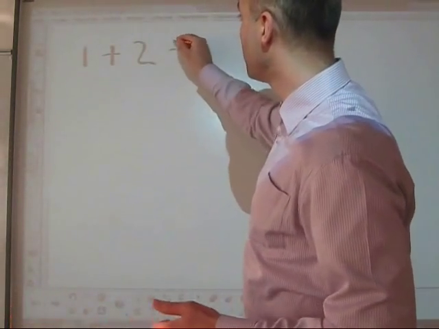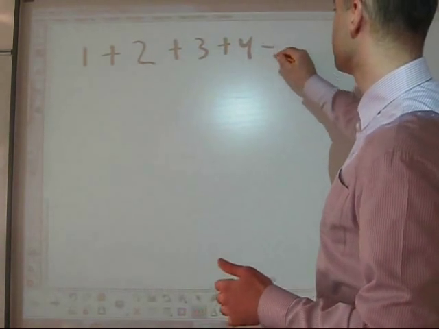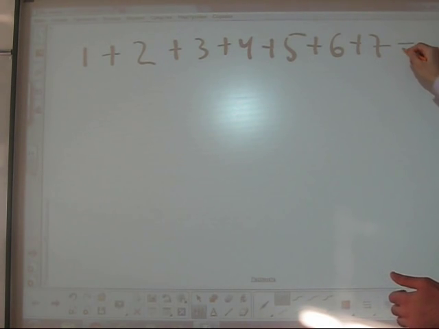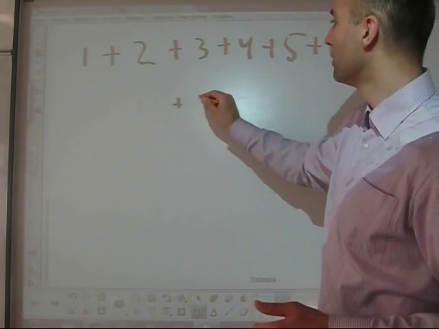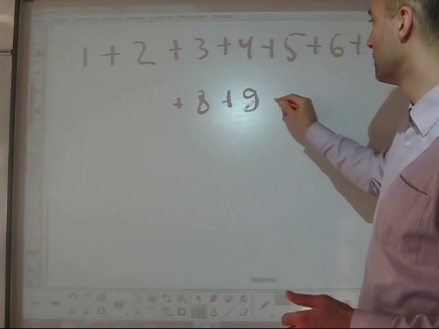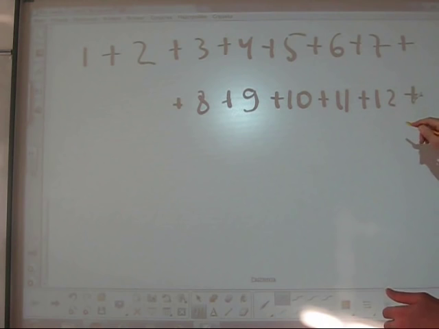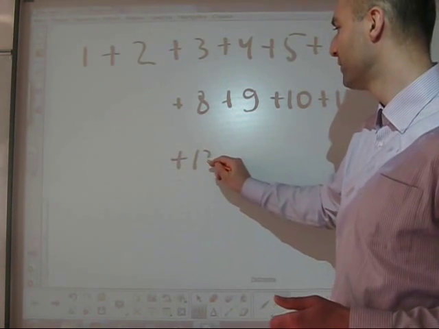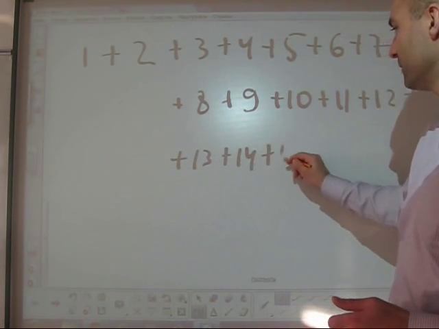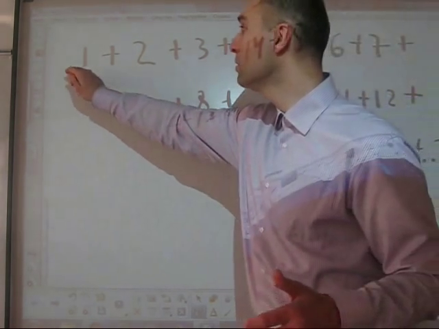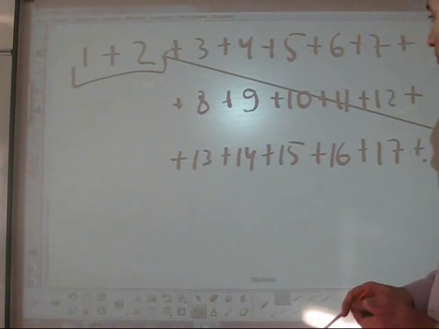1 plus 2 plus 3 plus 4 plus 5 plus 6 plus 7 plus 8 plus 9 plus 10 plus 11 plus 12 plus 13, 14, 15, 16, 17, etc. equals N. Now let's leave alone these two numbers, 1 and 2.